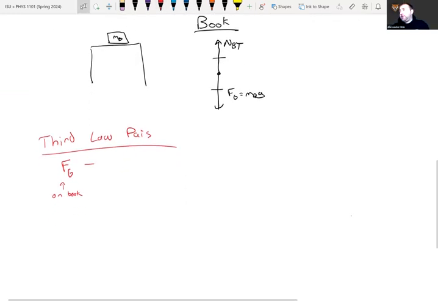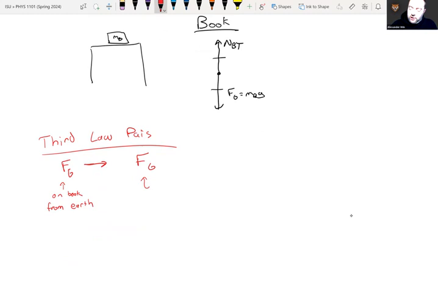Now, when we just write the force of gravity, it's not immediately clear what that's from, but you probably know that gravity is exerted by the Earth. Okay, so the third law pair then is also a gravitational force, but it's on the Earth from the book.